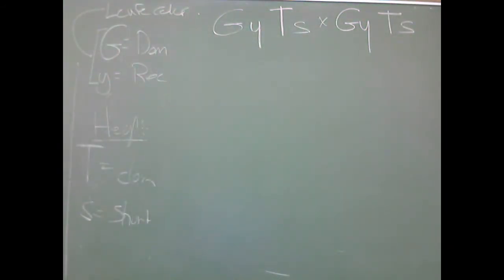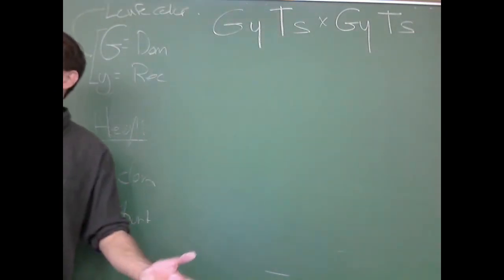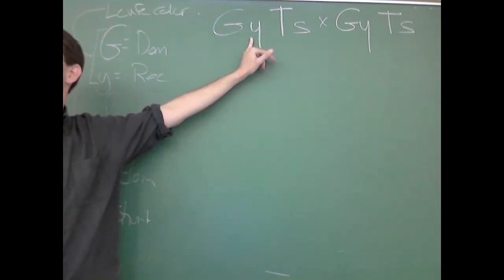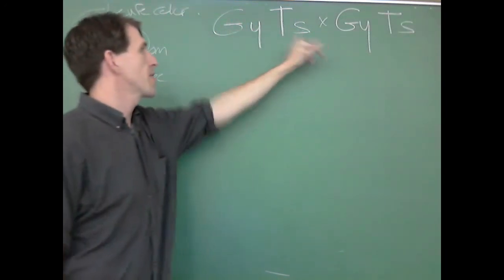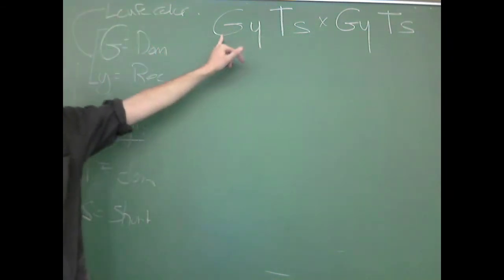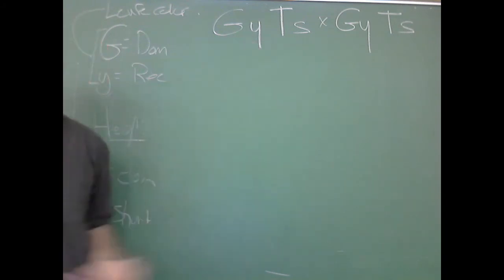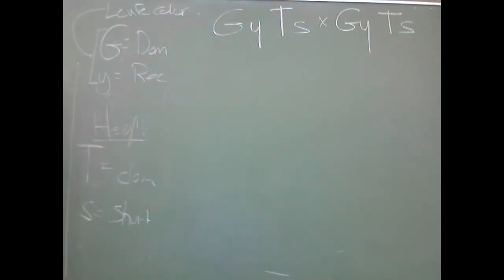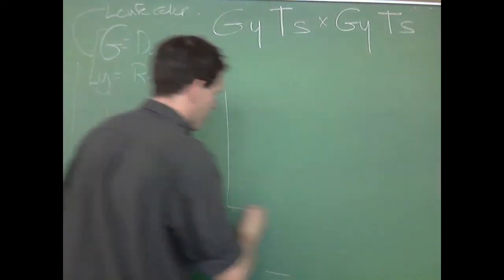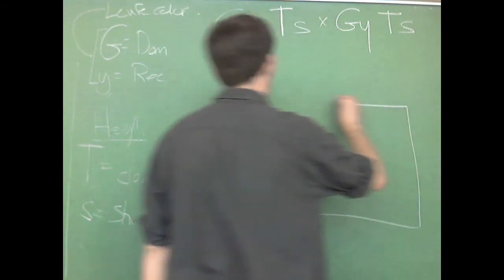Okay, this is what we call a dihybrid cross. Di meaning two. Remember we said if we have two different alleles, it's a hybrid, right? So there are two different alleles for two different genes, hence the di. The hybrid comes in because we have two different alleles. So it's a dihybrid cross. All right, so let me draw my Punnett square out here really fast.